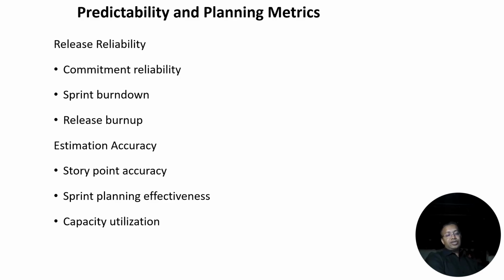Site reliability engineers, for example, that offer software, need to know the binaries and configurations they use are built in a reproducible, automated way so that releases are repeatable and are not just unique snowflakes that happen once in a time. Consistency in release reliability is important for project deliveries, and site reliability engineers are very specific people who maintain a tab on release reliability, commitment reliability, sprint burn down, and release burn up. These are important aspects that every company has to manage.